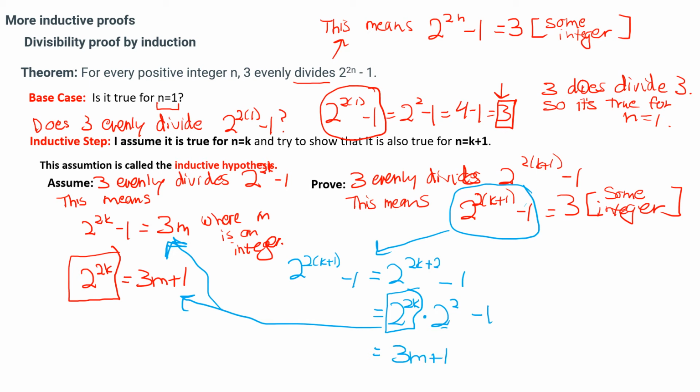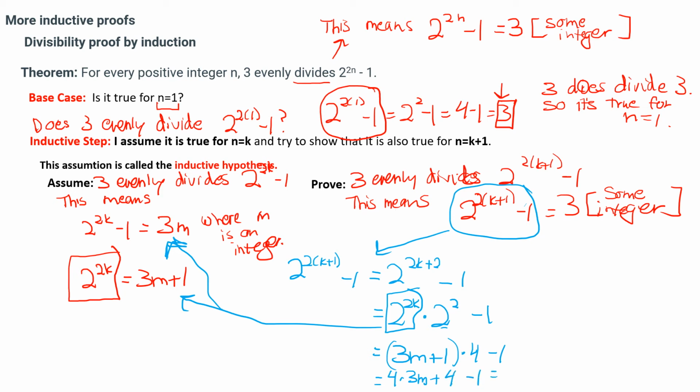and we have all of that times 4 minus 1. And now let's distribute that 4 in. I'm going to continue to write it as 4 times 3m plus 4 minus 1.